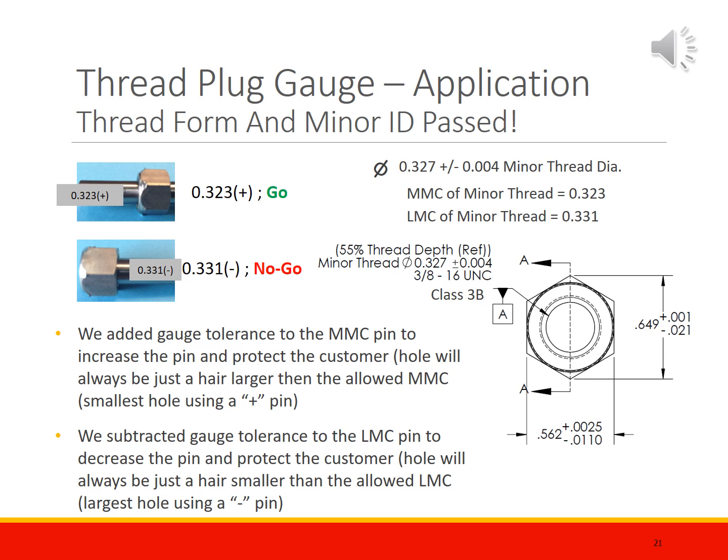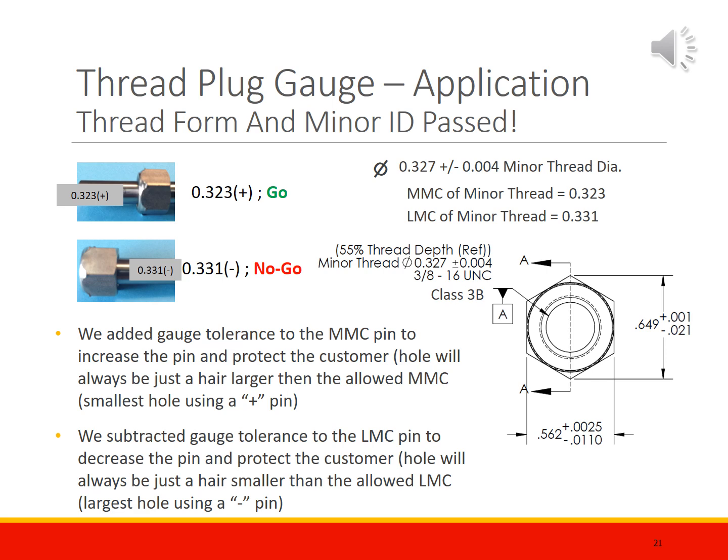So, if you go to put the go pin in and it doesn't fit, you are absolutely assured that the minor diameter of the thread is too small, which means we exceeded MMC. We got too much meat, hole too small. Conversely, if the no-go pin passes through, then you know the minor thread diameter in the nut is too large. We exceeded LMC. There's not enough meat.